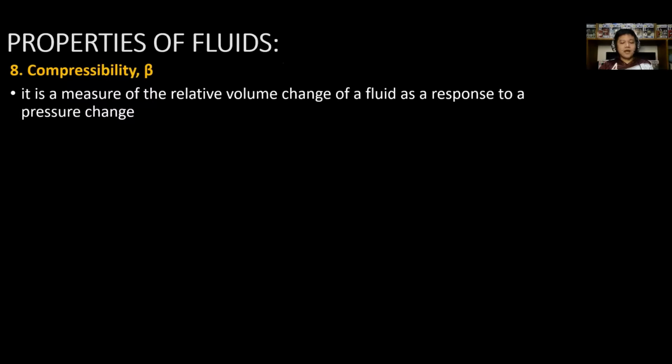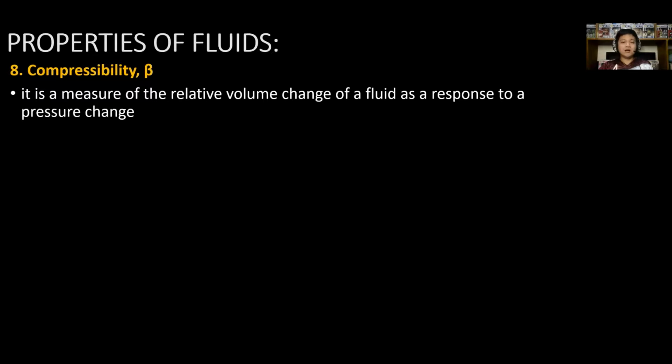So for the eighth property, the compressibility, or Greek letter beta. Defined as a measure of the relative volume change of a fluid as a response to a pressure change. So if we intend to apply a confining pressure, what will happen to our fluid?